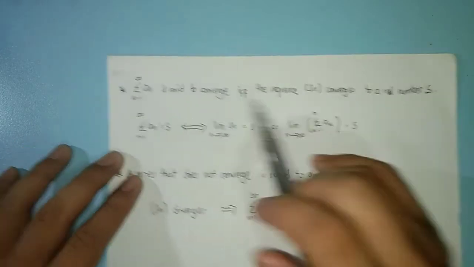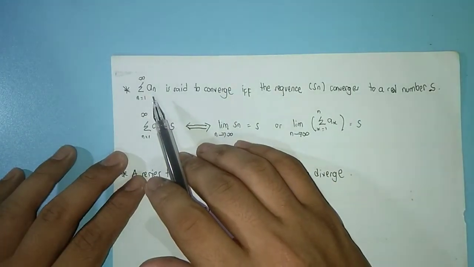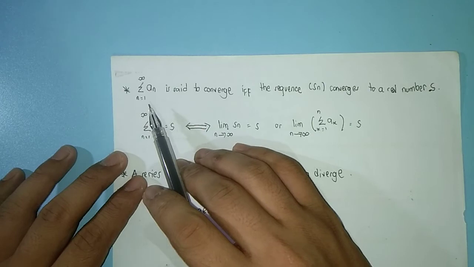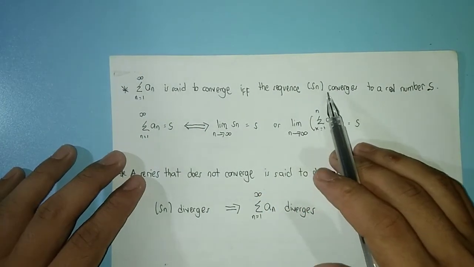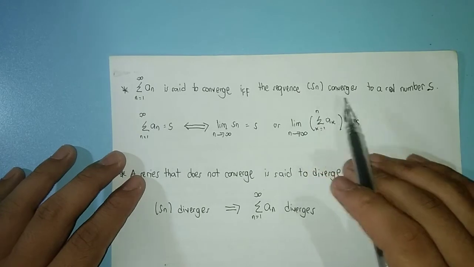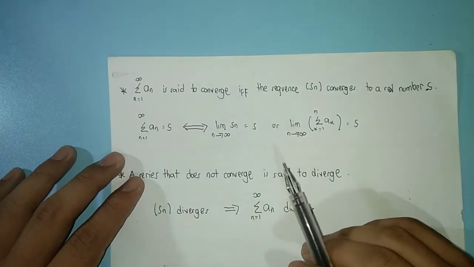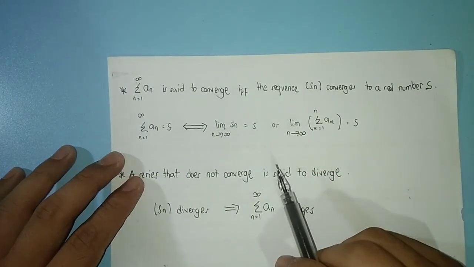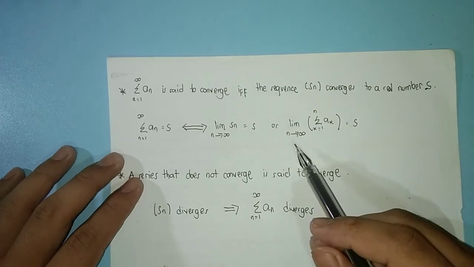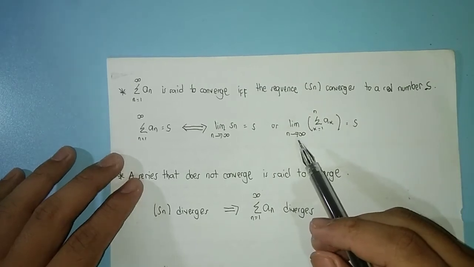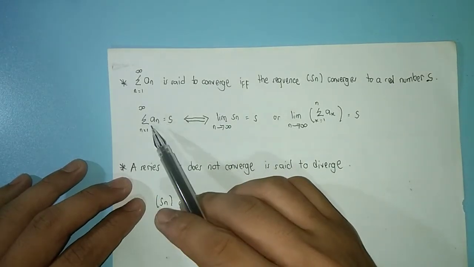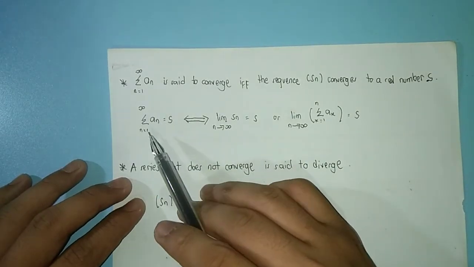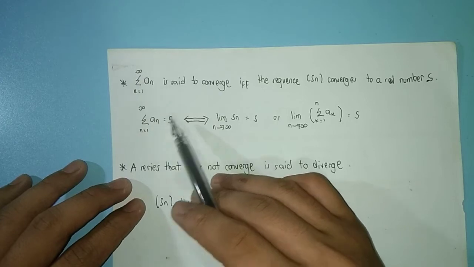So, yung una, the series a sub n, n equals 1 to infinity is said to converge if and only if the sequence of partial sum converge to a real number. Okay, so dun tayo babase sa sequence of partial sum ng ating series.